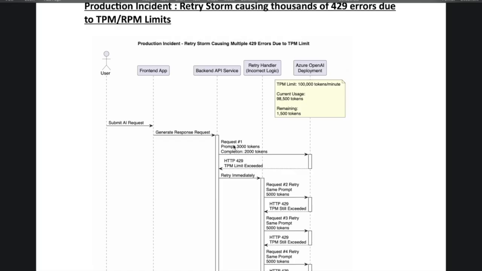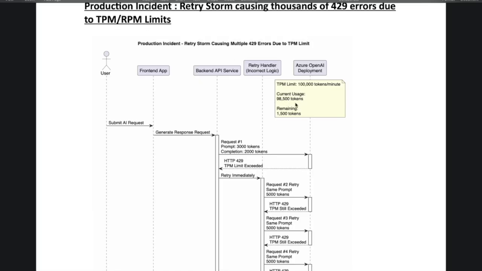All right, so let's say there were 3,000 tokens in the prompt and 2,000 in the completion. So request one went there, and for your OpenAI deployment, let's say you have a TPM limit of 100,000 tokens per minute. TPM stands for tokens per minute and RPM stands for requests per minute.